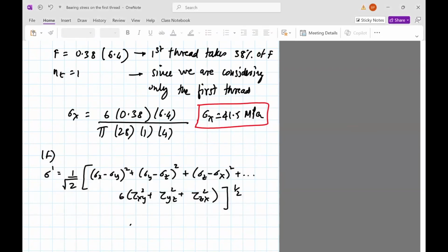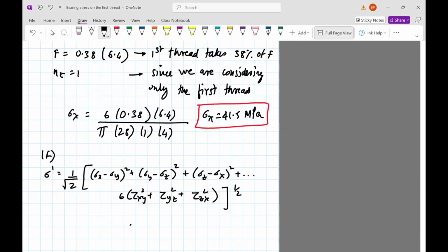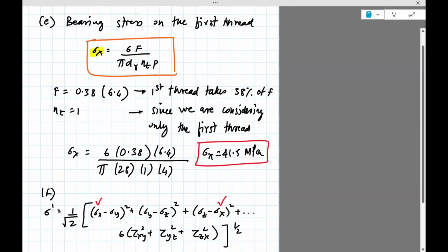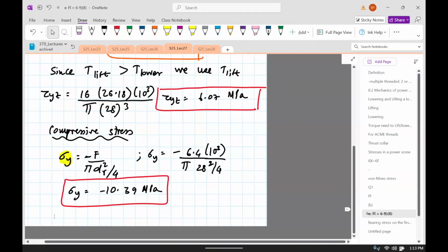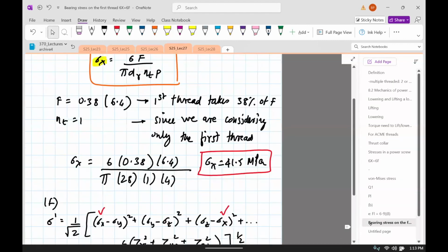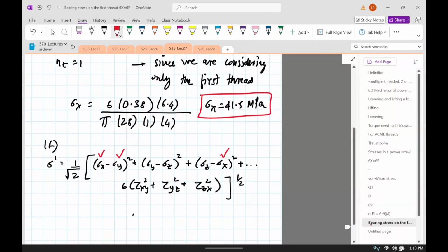Okay, now let's see what we know about the stresses. Sigma x, we've computed that, so that's known. What else have we computed? We have computed sigma y and tau yz. But we need the other stresses, so let's see if we have formulas for those.